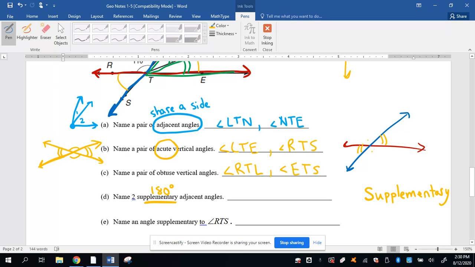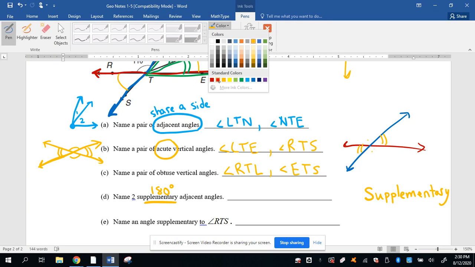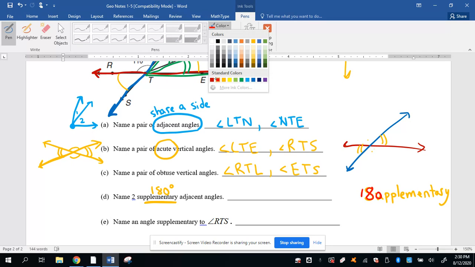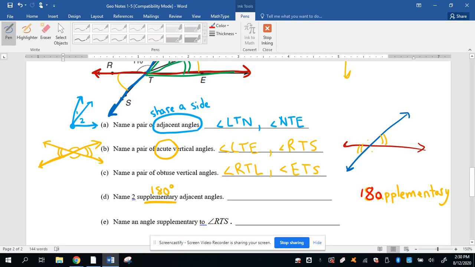One way to remember that is that this S looks like it could be made into an 8, like 180 degrees. And complementary, I'll just use a different color. Complementary are two angles that add up to 90.